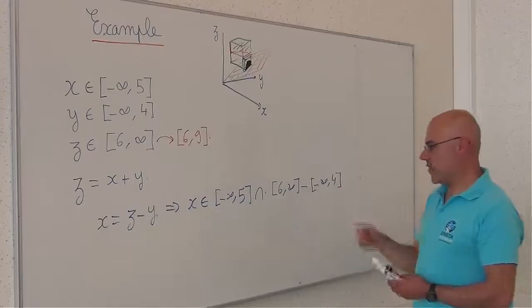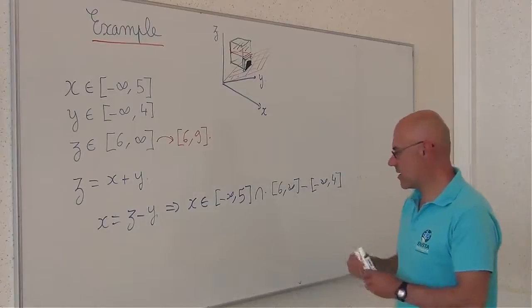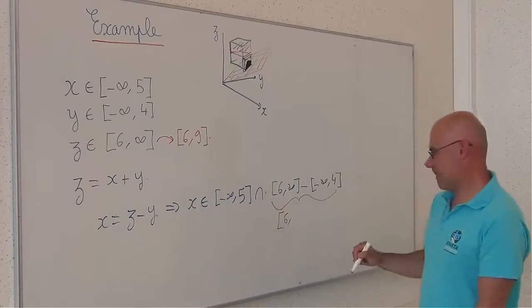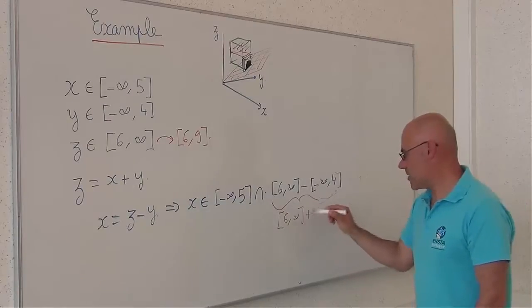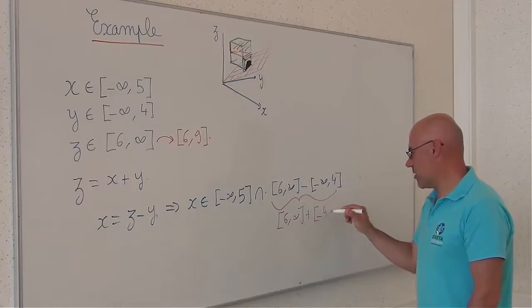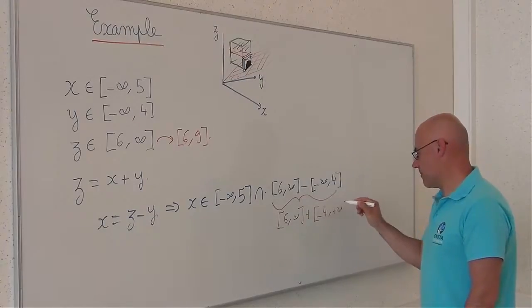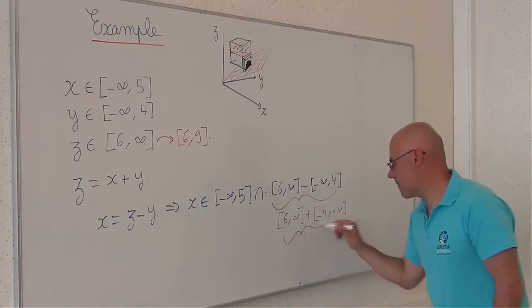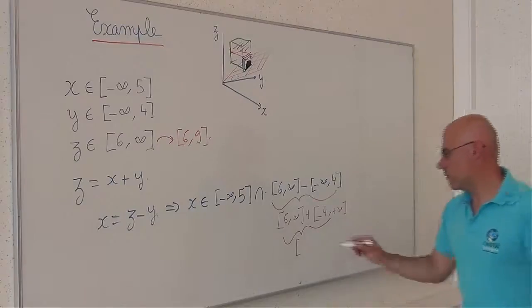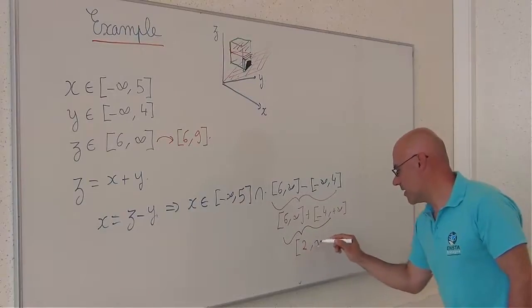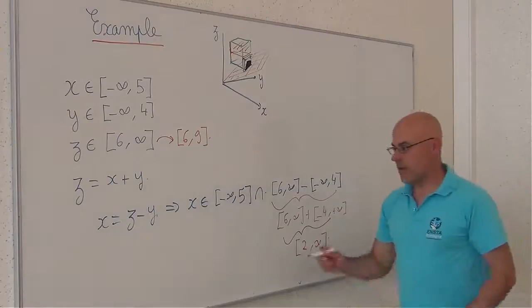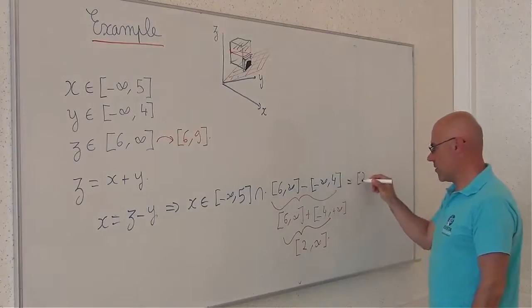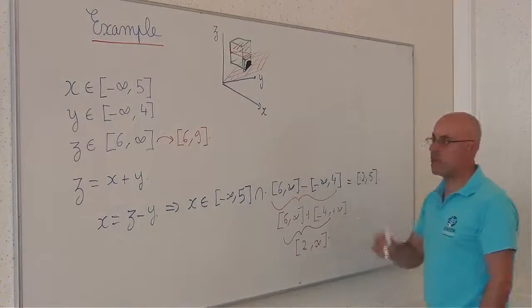I will apply here interval arithmetic, and this corresponds to 6 infinity plus minus 4 plus infinity, which corresponds to 2 infinity. I compute the intersection and I obtain 2, 5.